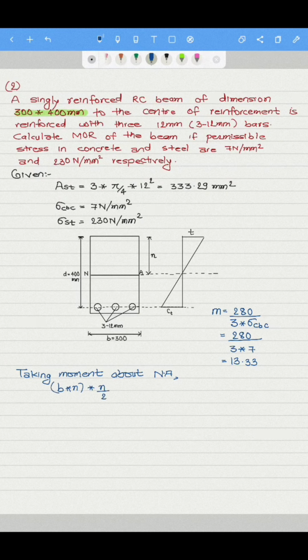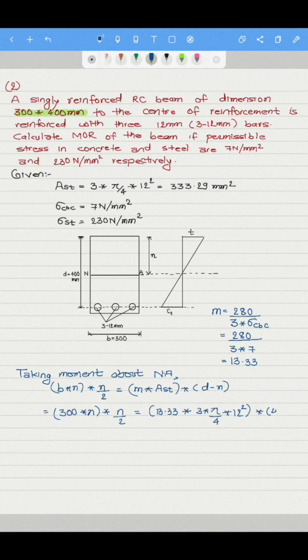This is for the concrete section, and that will be equal to M, the modular ratio, times the area of the reinforcement into D minus N. So this will be equal to 300 into N into N by 2 equals 13.33 into area of steel, which we can write as 3 times pi by 4 into D square into 400 minus N.